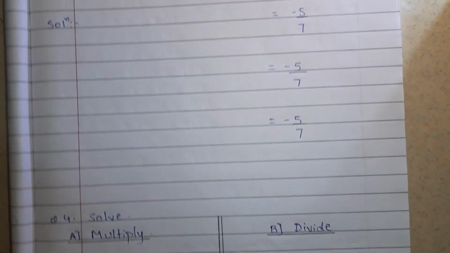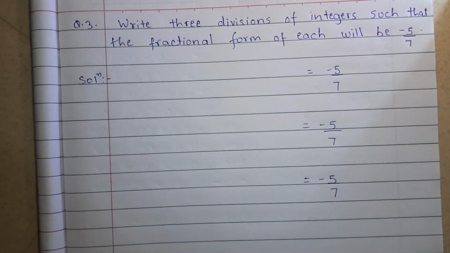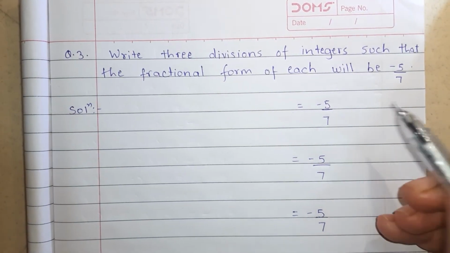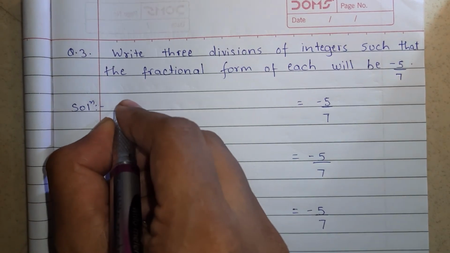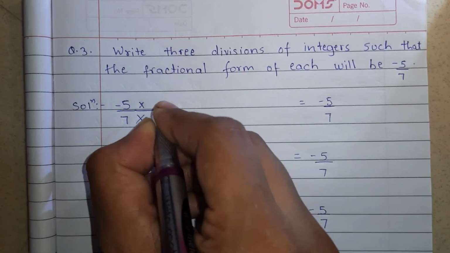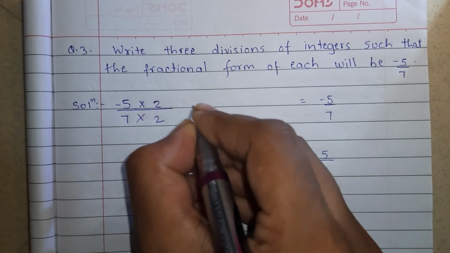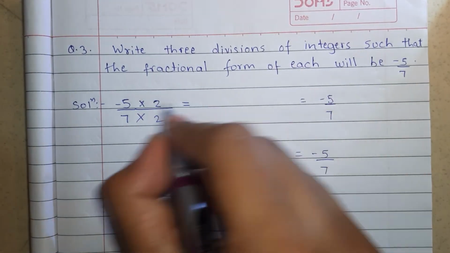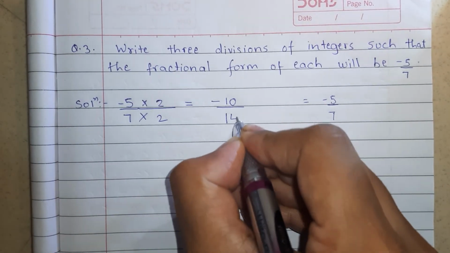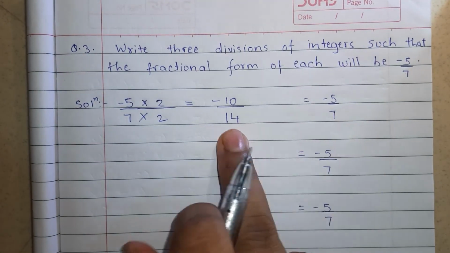Now in the same way we have to solve question number 3. Here we want negative 5 upon 7. So take the given fraction and multiply it by the same number. So what will we get? 5 2s are 10 and 7 2s are 14. This and this are equivalent.